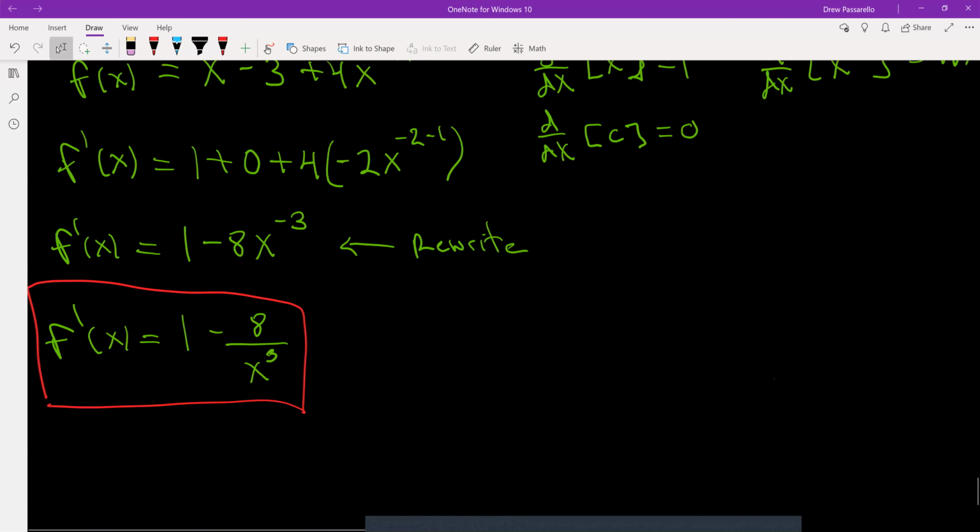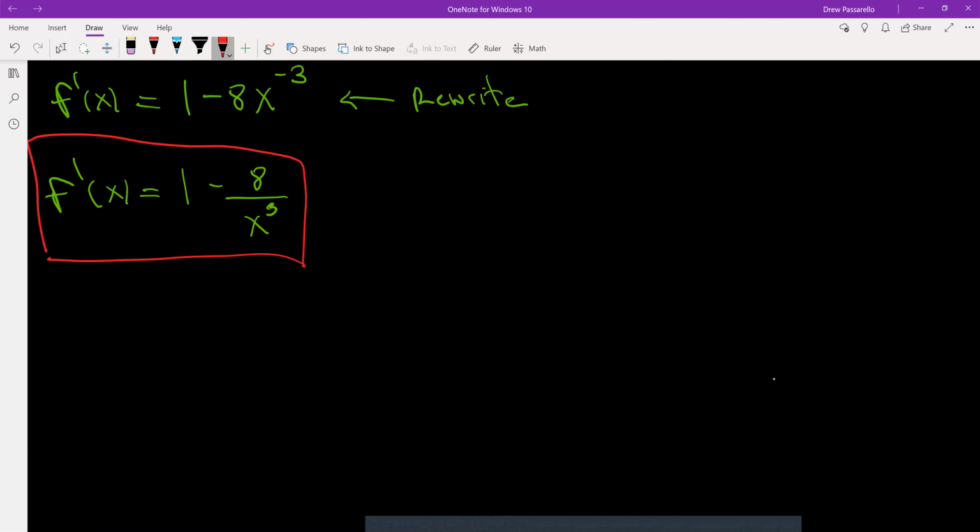Now this next one's number 51. So it's 6 square root of x, and then plus 5 cosine x.